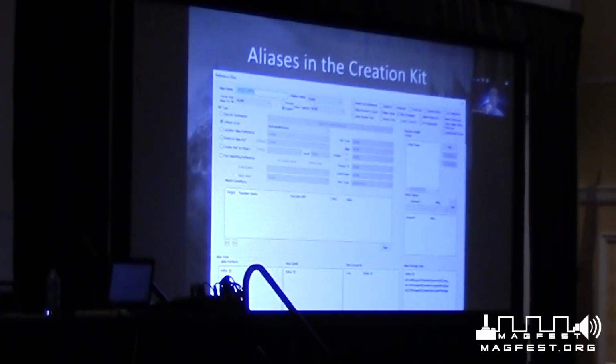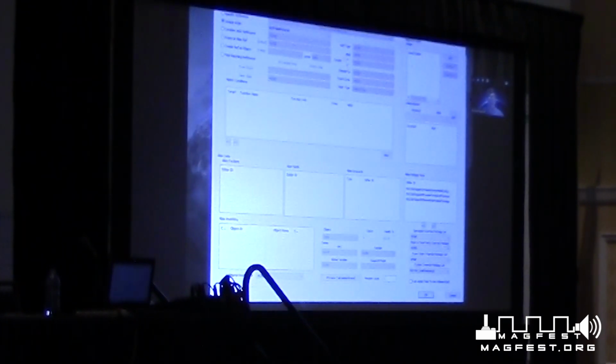Packages were our way of having actors move around in the world. Now I'm going to show you the bottom of this one. So you can see just a little bit extra on the bottom. And we could add objects to its inventory, and we could do a bunch of other fancy stuff that is there on the bottom right. So these are all the things that would be added to an actor once they have been put into an alias.